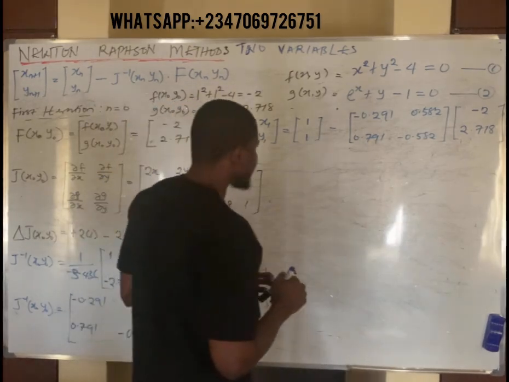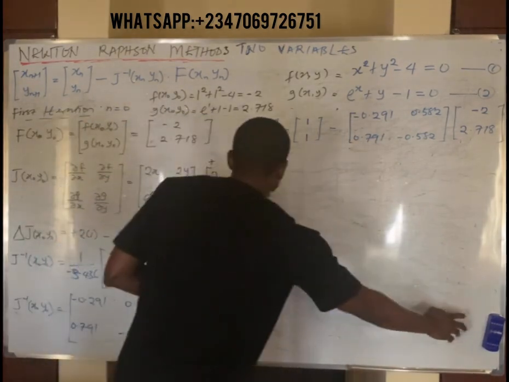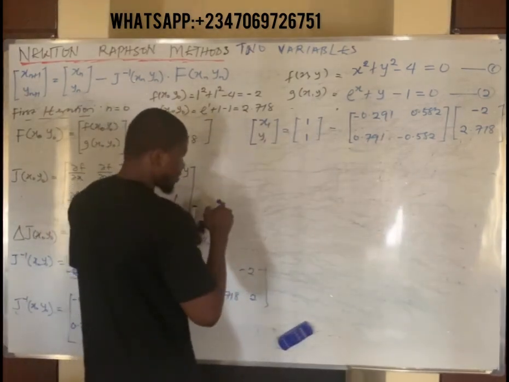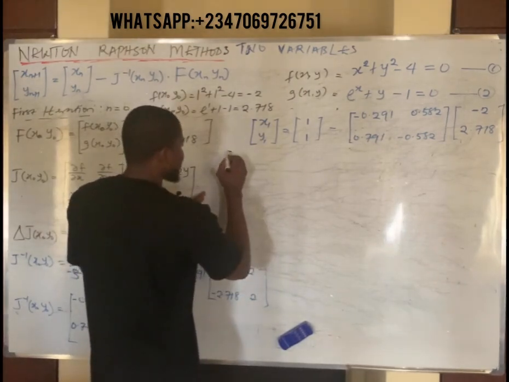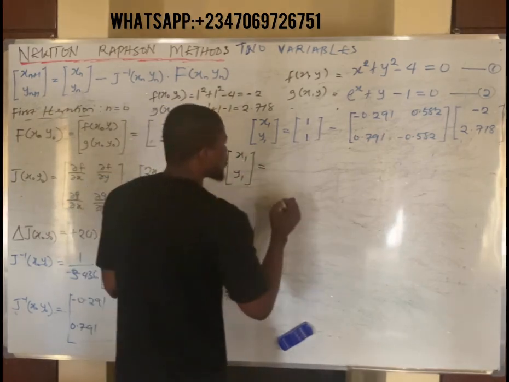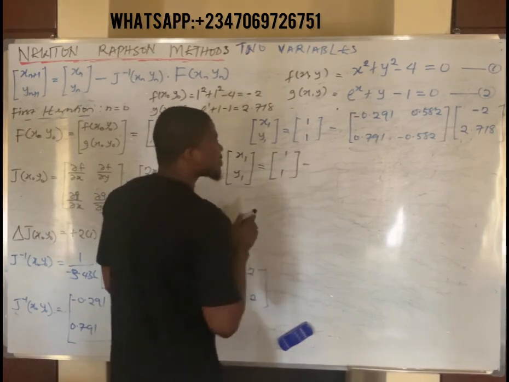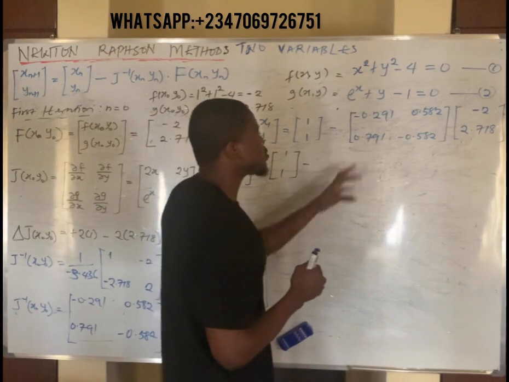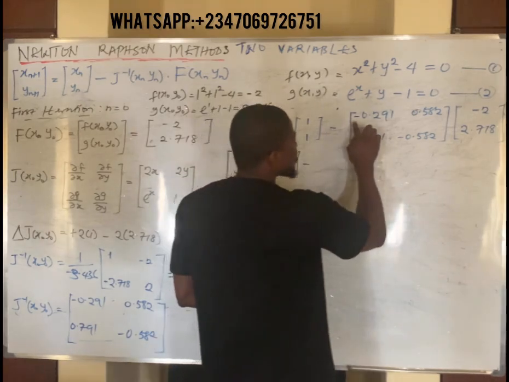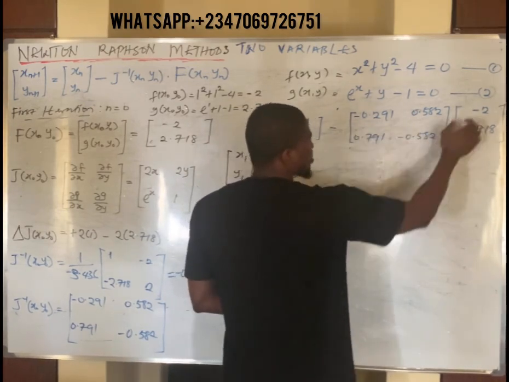Okay, I think I can take this off. Let me create space here. So this simply means that x1 y1 is now equal to, remember, we have 1 1, this is minus, and this is now a 2 by 2 matrix multiplying a 2 by 1 matrix. So remember, the whole of the row multiplies this entire column plus the whole of this row multiplies this entire column.